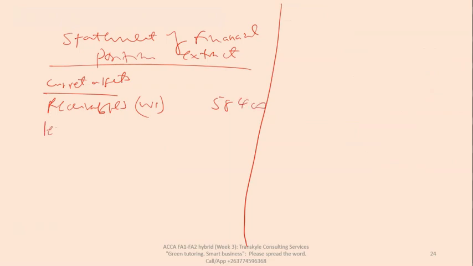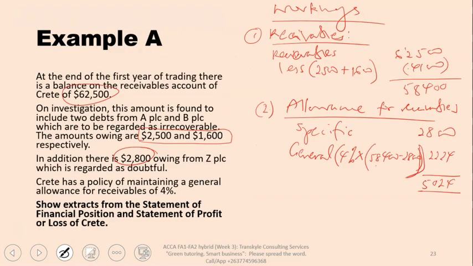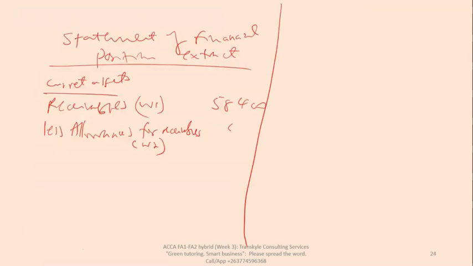Then you deduct the allowance for receivables, that is working number 2, which was 5,024. So this should be the adjusted figure for receivables.